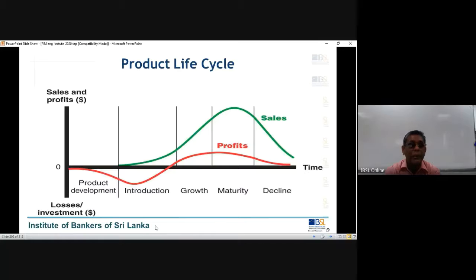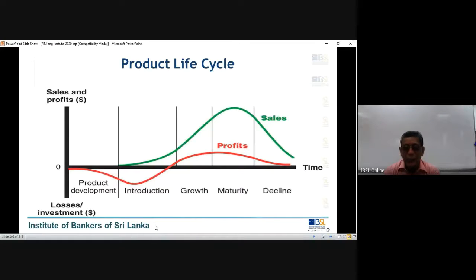Why do we need to develop new products? After some time, we need to develop new products, right? Once you introduce it to the market, it is called the introductory stage. The product popularizing comes under the growth stage, and the product at the maturity stage is where you get the highest sales and the highest profits, and in the latter part the product is going to decline.